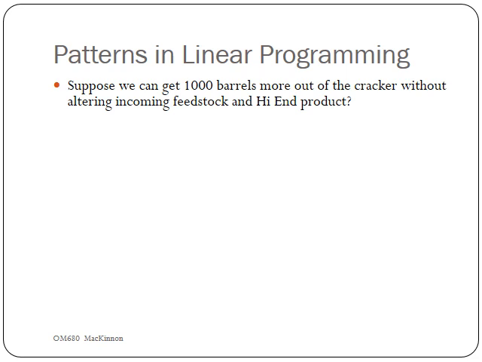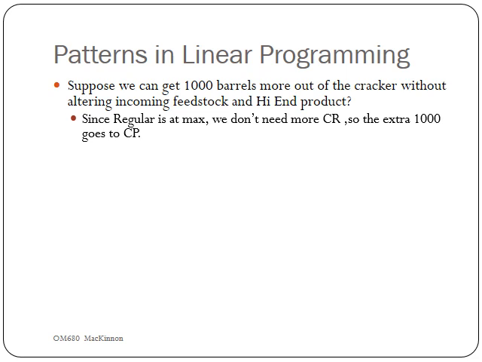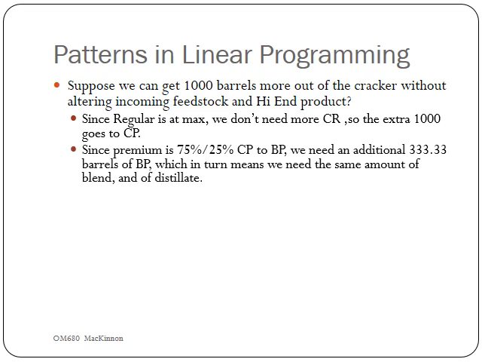Let's just suppose it's magic. Let's follow it through. Since regular is already at its maximum, we don't need more catalytic regular. So the extra 1,000 goes to catalytic premium. Since premium is 75% CP to 25% BP, we need an additional 333 barrels of BP.